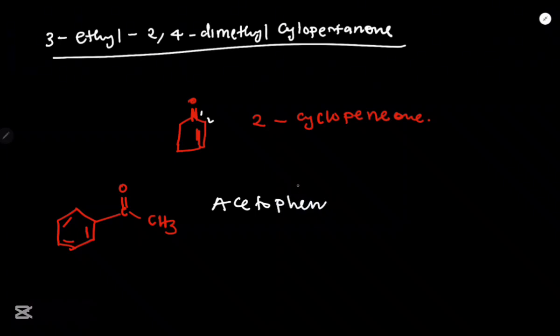Whenever your professor asks you to draw the structure of acetophenone, this is the structure. But sometimes it is called 1-phenylethanone, because of this group and this group.